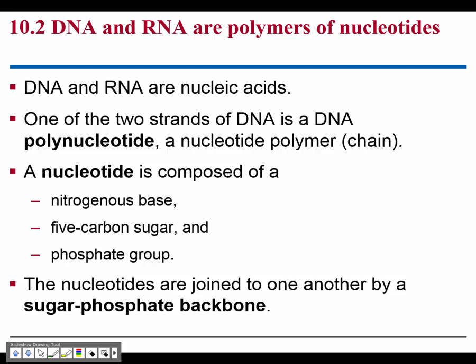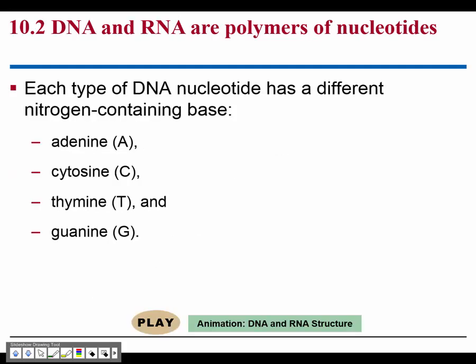A nucleotide is composed of a nitrogenous base, a 5-carbon sugar, and a phosphate group. So you have phosphate, sugar, nitrogenous base, and it's the sugar-phosphate backbone that connects the DNA.